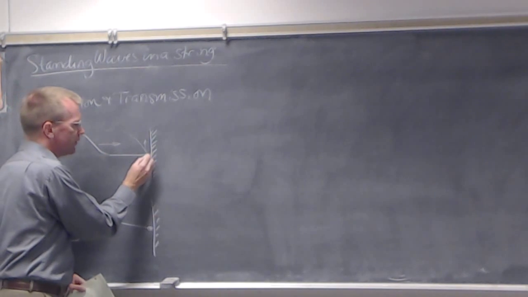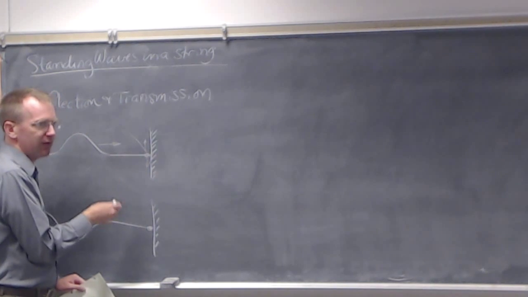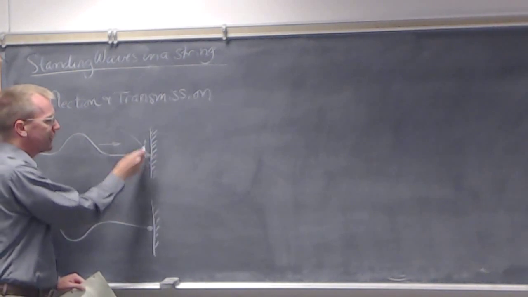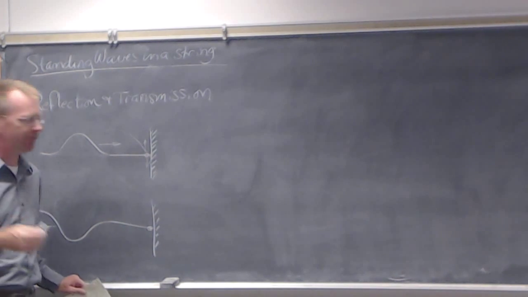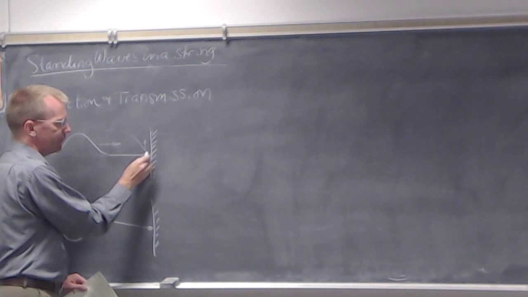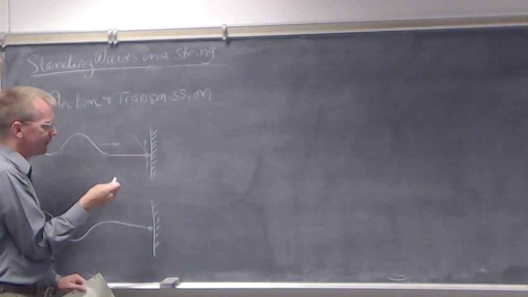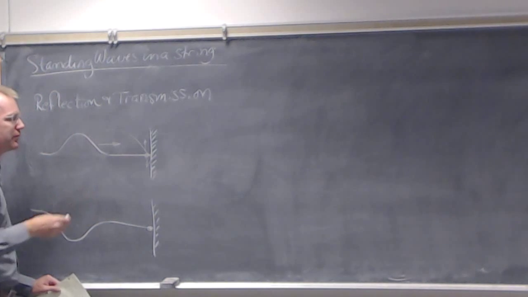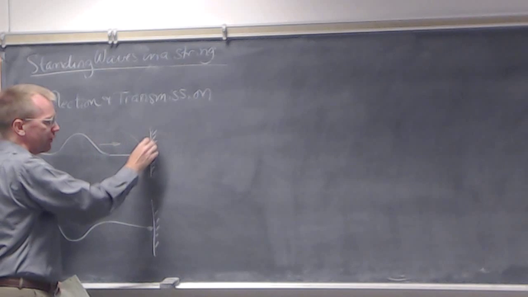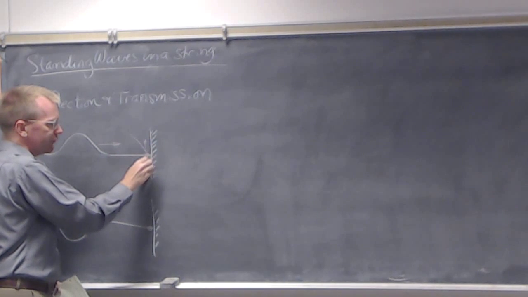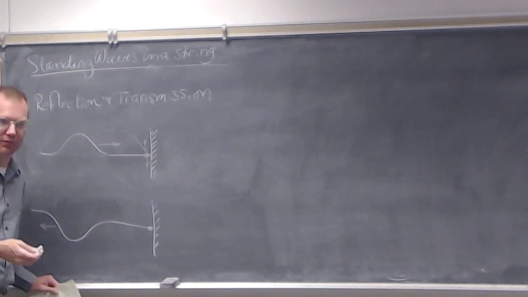So there must be another force of opposite sign with the same magnitude that will cancel out the first one. That is provided by what you might call a normal force of this hook on the tip end of the rope. Now, the neat thing about that is that this normal force then creates another wave.